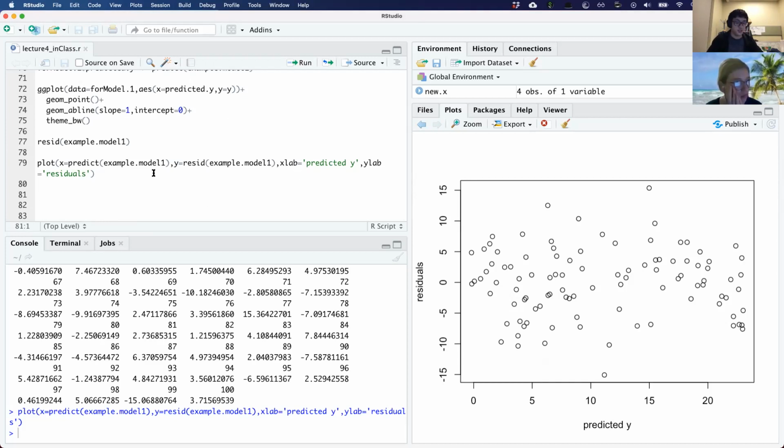So for the few folks who are here, maybe I'll pause for a moment before I jump into talking about Ggplot and see if there are any immediate questions. And if not, then we can move on.